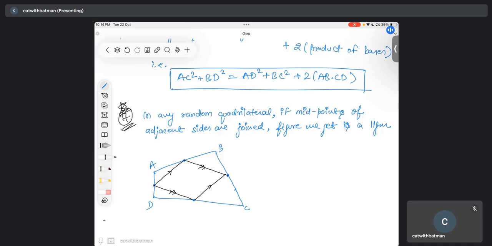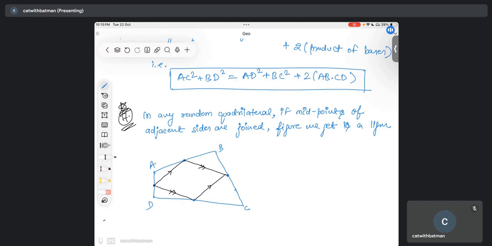Now, if you have any question, if you have any doubt, let me know. These are all the properties that you need to know in order to work with quadrilaterals. There might be a few more. I don't think so, but if there are any more, then you will get them once you solve more and more mocks.